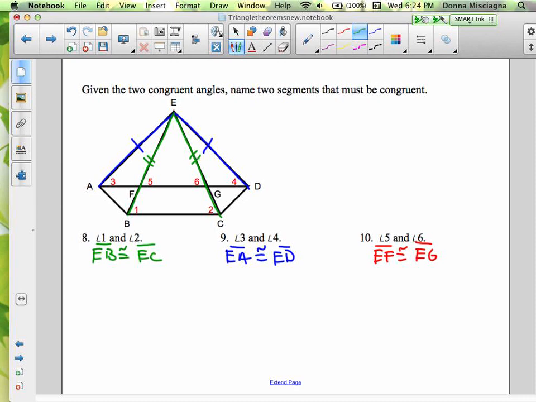And now it gets interesting because EF and EG were this much, and I guess I'll just put 3 marks on them. So there's just finding which sides in a triangle are congruent using base angle theorem.